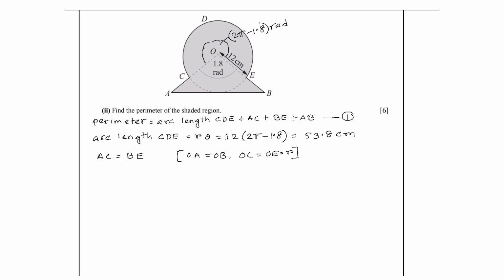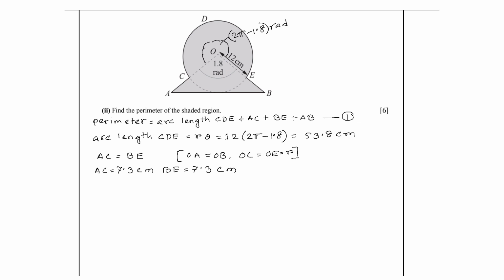That leads us to AC equals BE. But from the first part of this question, we know that the length of AC is 7.3 centimeter. So our BE is also 7.3 centimeter.